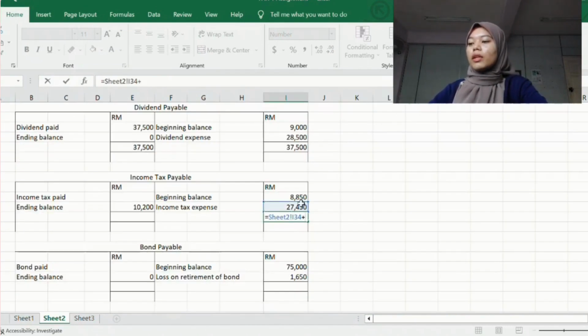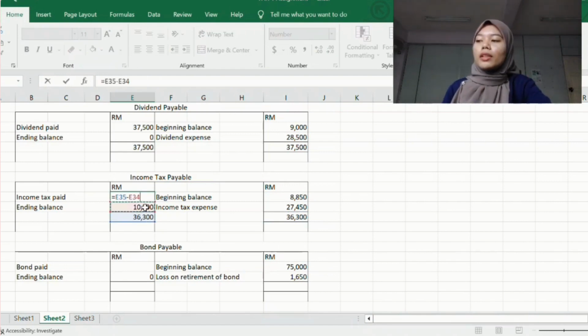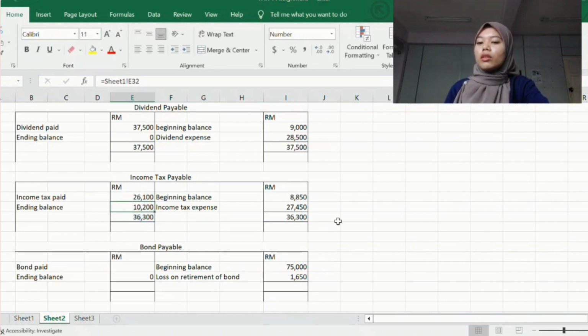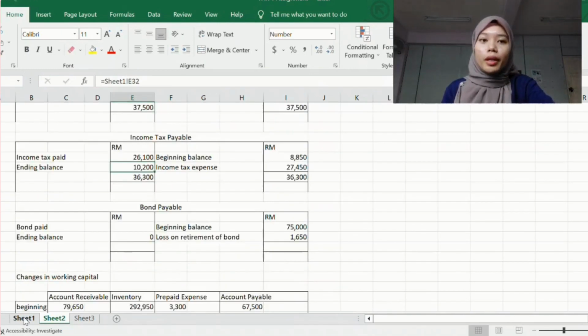So we just sum up these two. We minus the ending balance to get the income tax paid. Got the income tax paid is 26,100. So the value will be here, taxes paid.